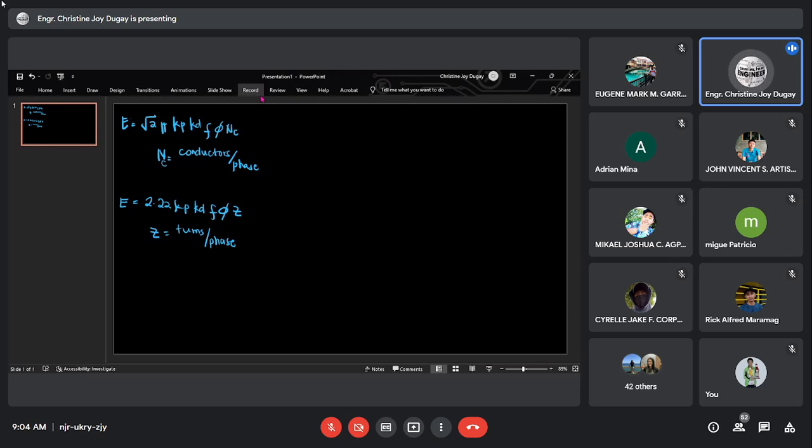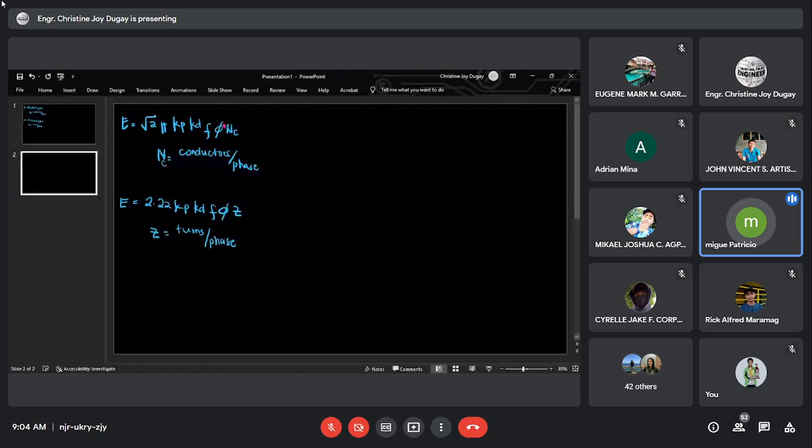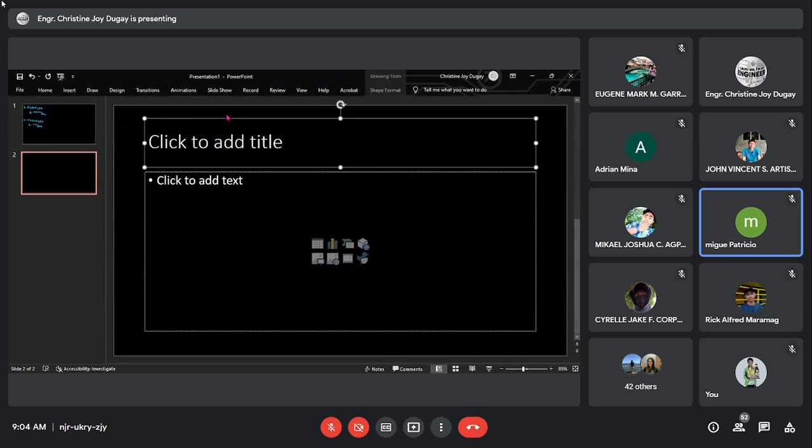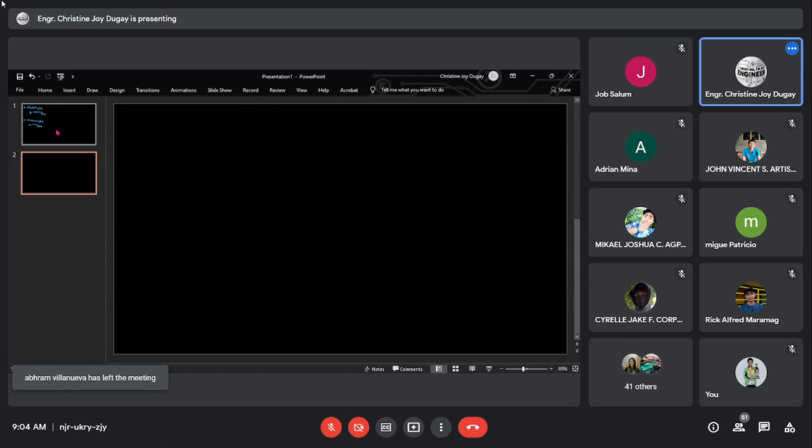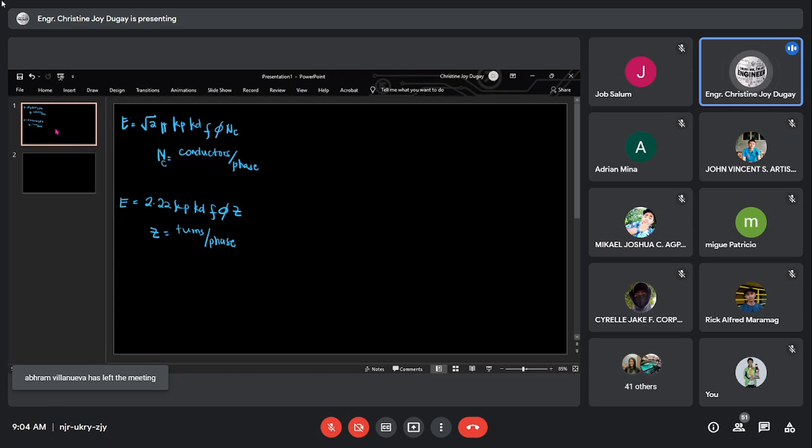Okay, so let's try an example so you can understand it. Ma'am, Z is conductors, I think. Conductors per phase. It seems reversed, conductors. Let's try an example.